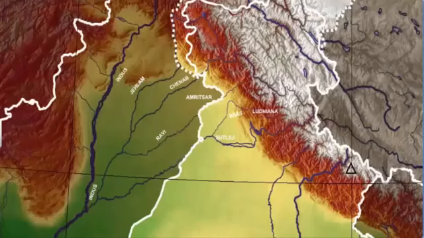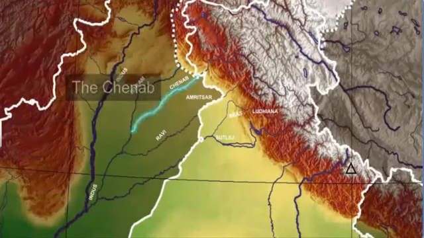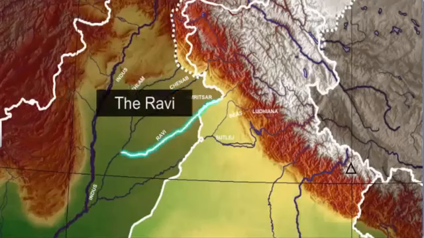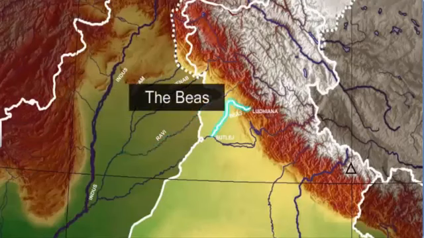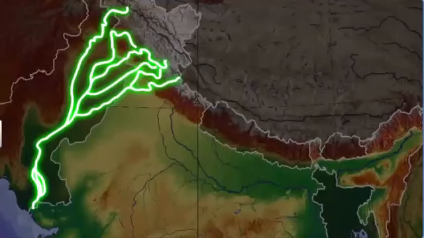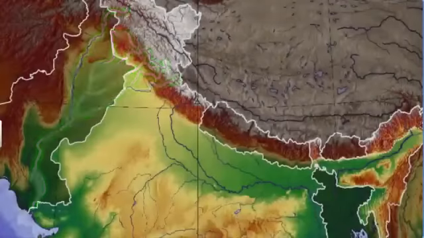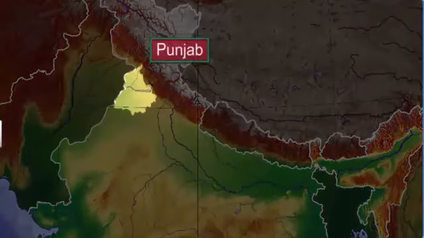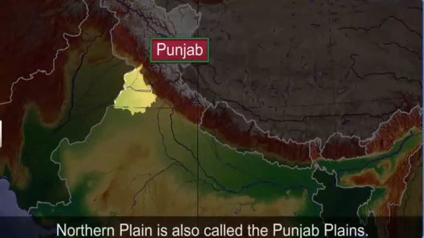The Indus and its tributaries, the Jhelum, the Chenab, the Ravi, the Beas, and the Sutlej, originate in the Himalaya. Along these rivers lies the fertile state of Punjab. This part of the northern plain is also called the Punjab Plain.